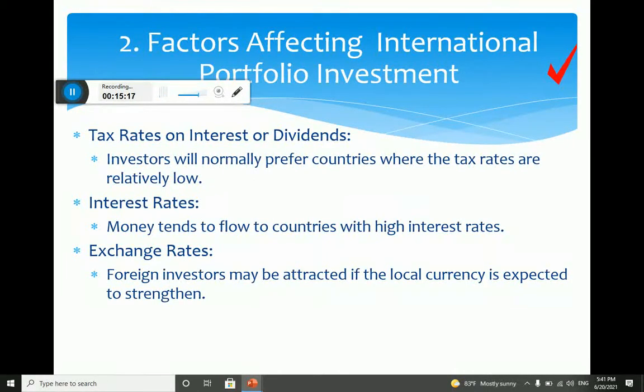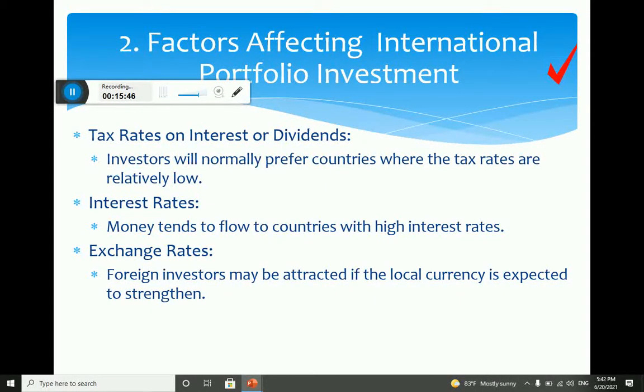So tax rate. Tax is a compulsory payment made by the residents of a country to the government. It's a certain portion that is charged by the government from all the residents of a country, whether nationals or foreigners, and that's a certain percentage.